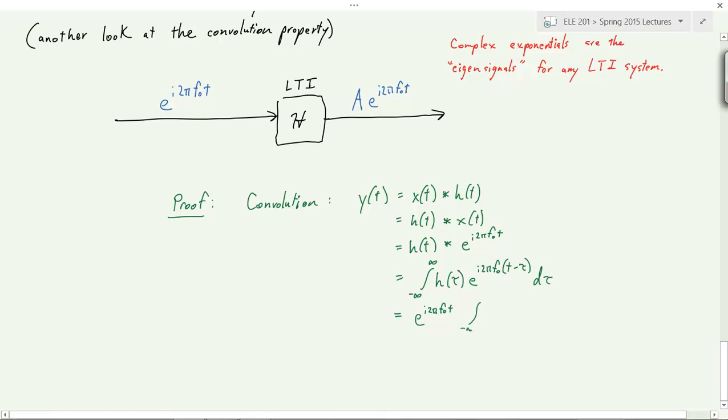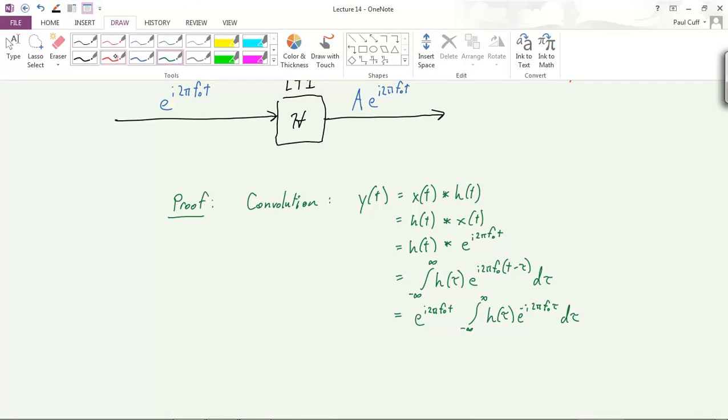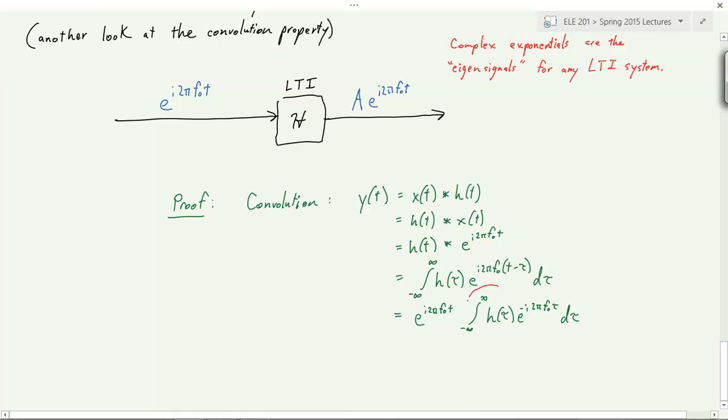The integral is this one here. There's a negative. Okay, so now I'm going to identify that this integral no longer has t in it. So notice this thing is just a constant.